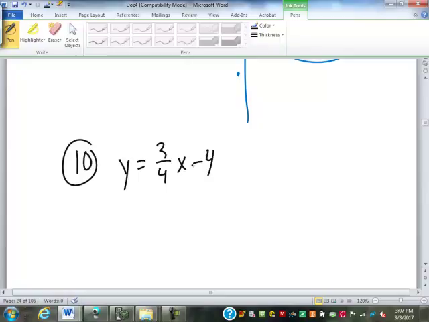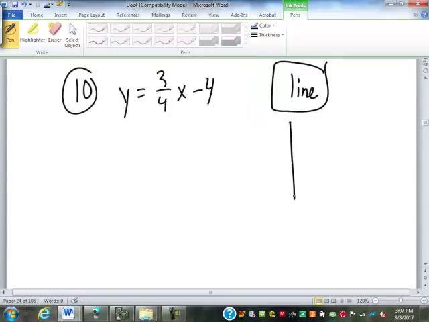And this one is definitely going to form a line. Now, one of the things about it is once we know it's going to form a line, we no longer have to graph 5 points. Technically, once we know it's a line, all we have to do is graph 2 points.